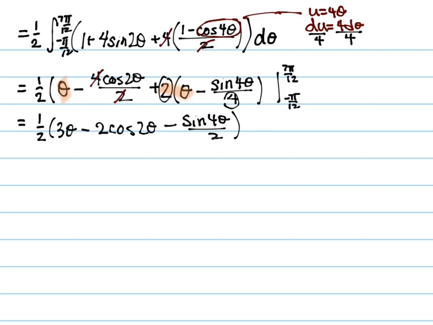The evaluation at the end is the same. I haven't done it yet, but so I have 3/2 theta minus cosine of 2 theta minus sine of 4 theta over 4, and now I can evaluate.